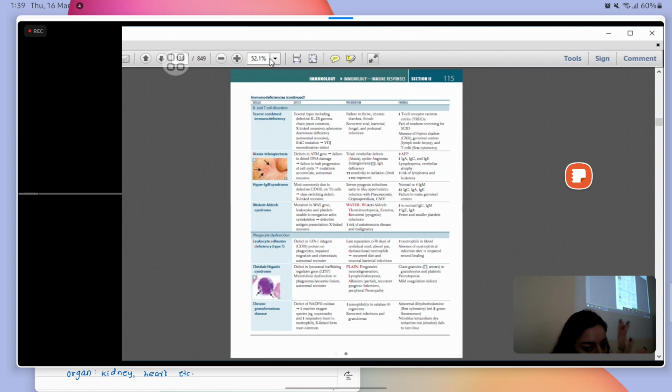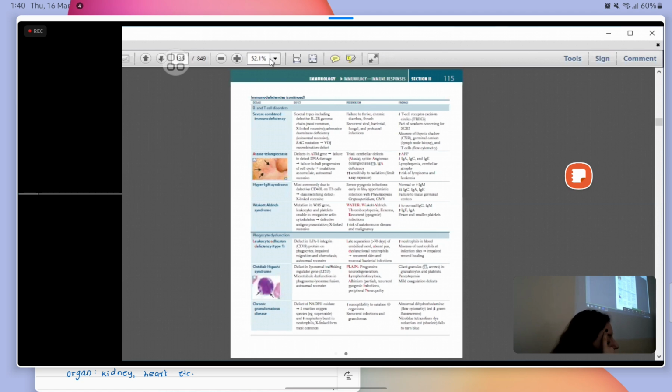In Wiskott-Aldrich syndrome, the cytoskeletal components of the cells are defective, and during this disease, the integrity of T and B lymphocytes is damaged, which means that they lose their shape, and when they lose their shape, also the biochemical pathways and different types of organelles are affected in this process.